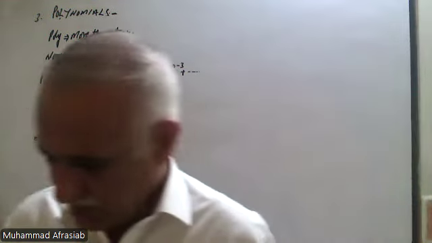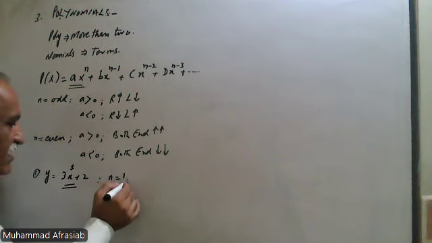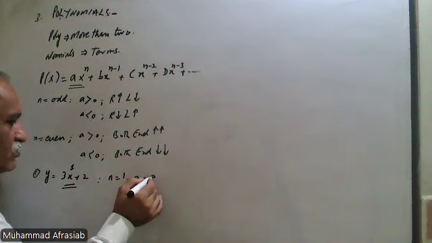We know one thing, for example, if y equals 3x plus 2, then the highest power of x here is 1. So we will just consider this equation. The highest power is 1 and a is equal to 3, which is greater than 0.